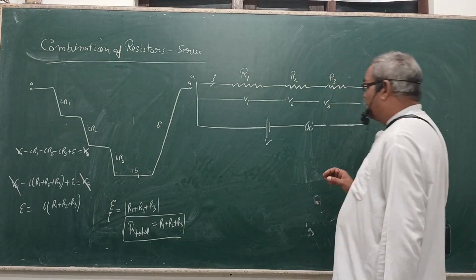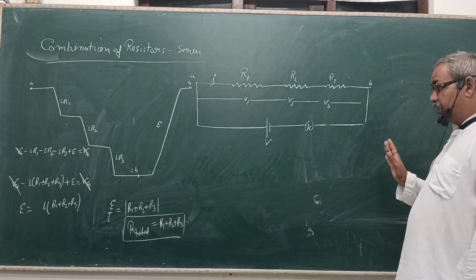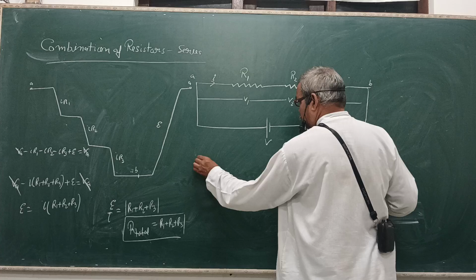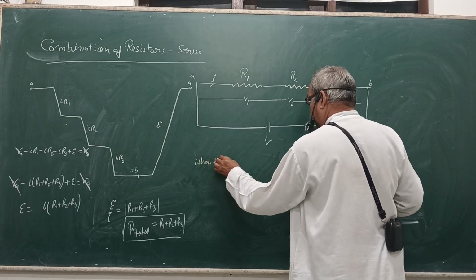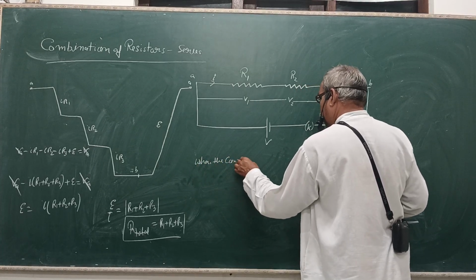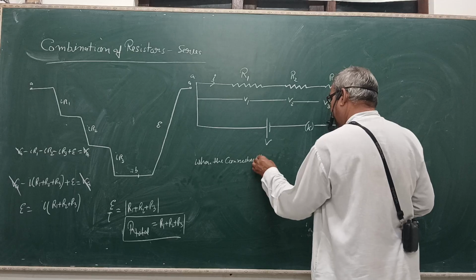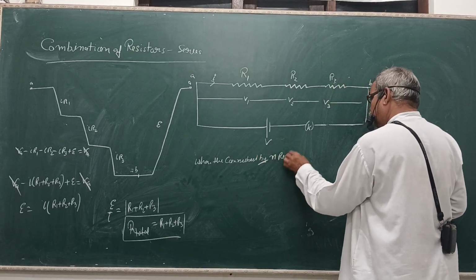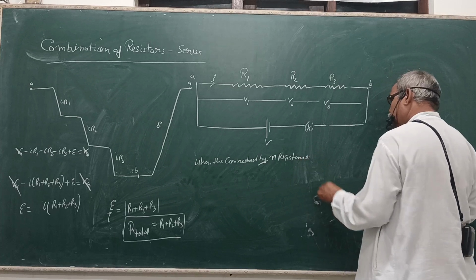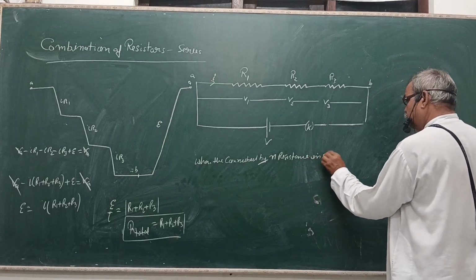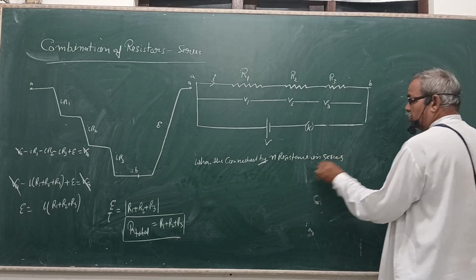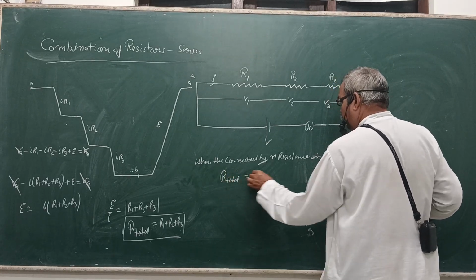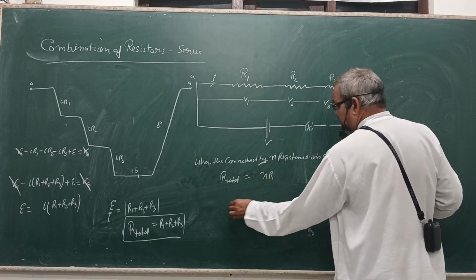When N resistances are connected in series combination, the value of R total is equal to NR.